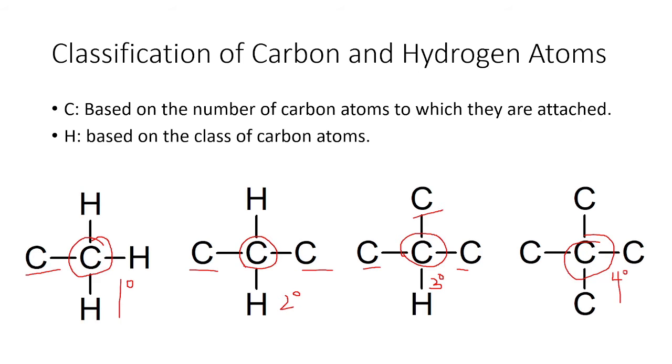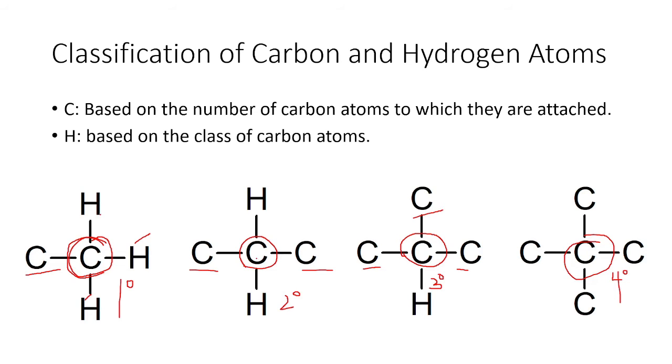So for our hydrogen atoms, the basis for classification of hydrogen atoms is based on the type of carbon atoms to which they are attached. So, for example, for this first carbon, since this carbon is a primary carbon, all of the hydrogens attached to this carbon will be primary hydrogens.